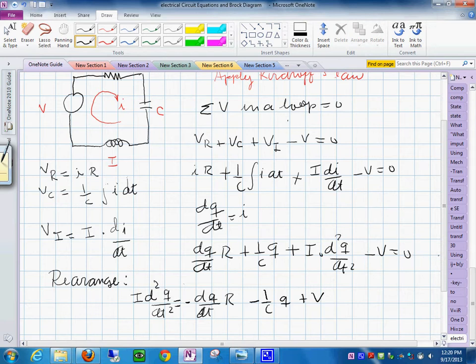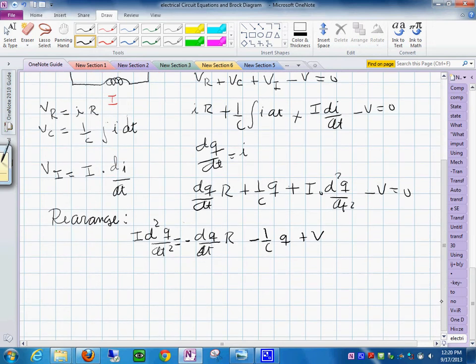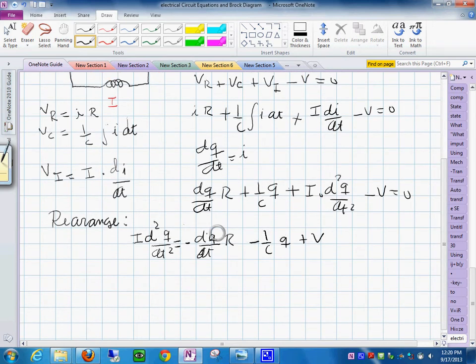So you see what happens if you have done this. The equation of motion basically is written here. This is basically the answer of obtaining the differential equation.